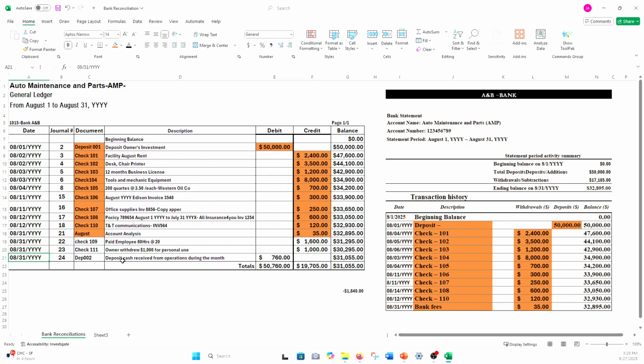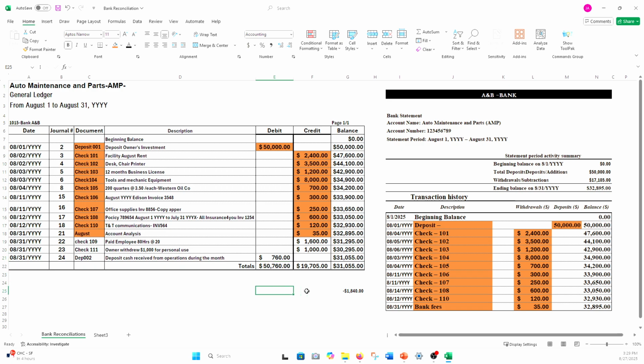Also we sent a deposit in our books on August 31st. We recorded it there, but the bank probably posted it on the following business day, probably September 1st or the first working day of the following month. So we have 3 transactions, and these 3 transactions should give me exactly the total amount.